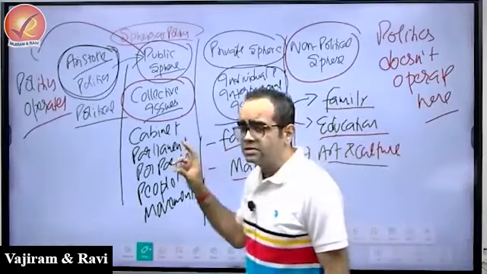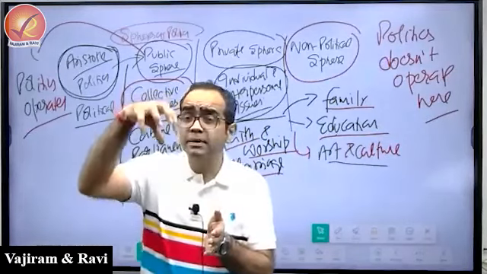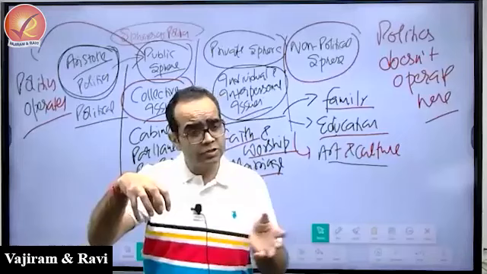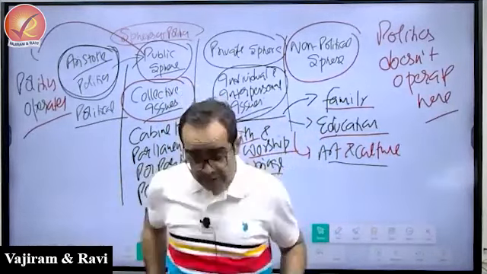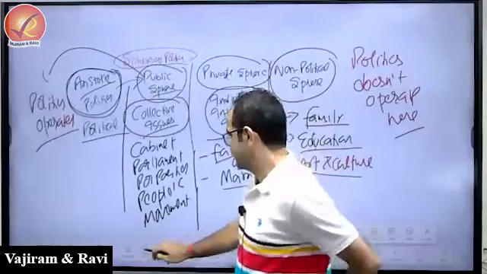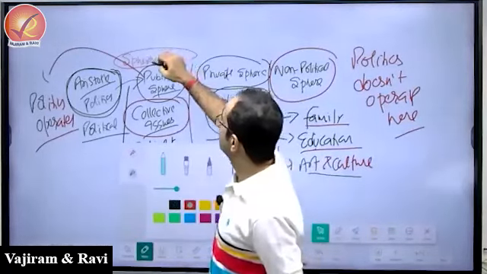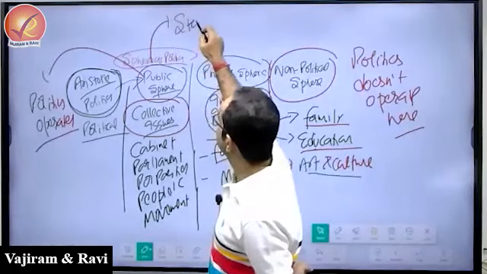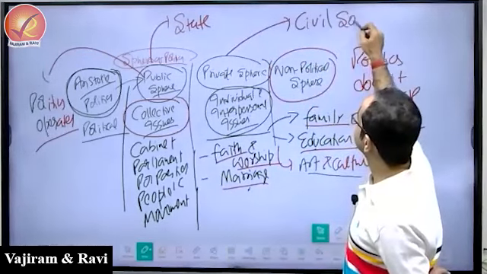Now this traditional distinction, that politics operates only in the public sphere and does not operate in the private sphere, also corresponds to what we have just discussed, the distinction between state and civil society.